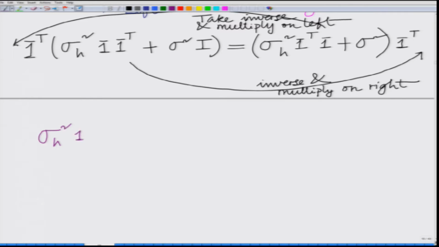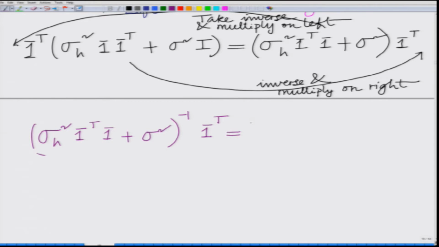When I do that, I can simplify this interestingly as sigma h square 1 bar transpose 1 bar plus sigma square inverse into 1 bar transpose.